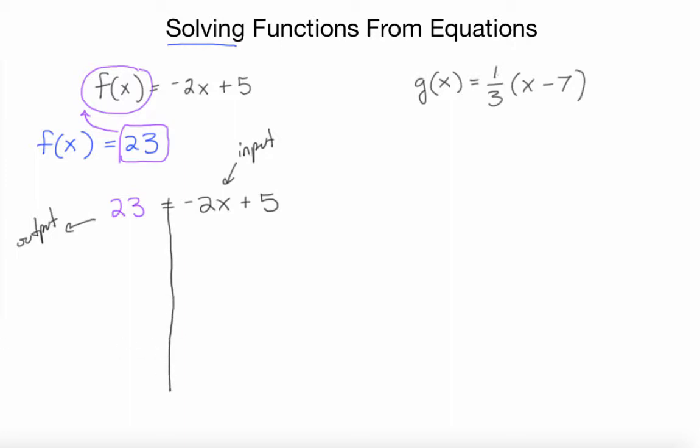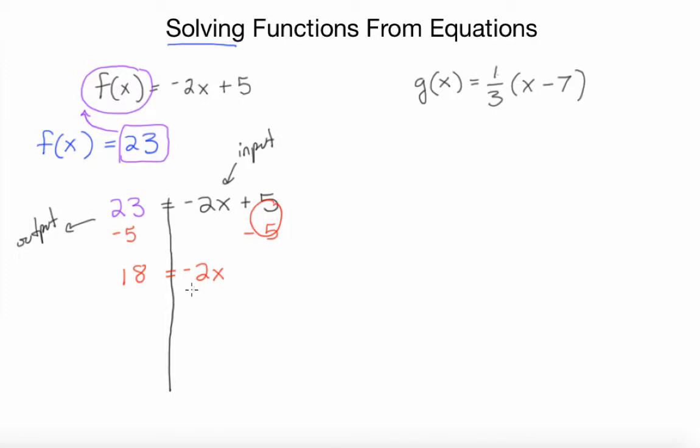Some basic algebra here. I want to do some stuff to both sides to get x by itself. I'm going to do the opposite. I'm going to subtract 5 from both sides. Plus 5 minus 5 turns to 0. So negative 2 times x is equal to 23 minus 5, which is 18. Good first step.